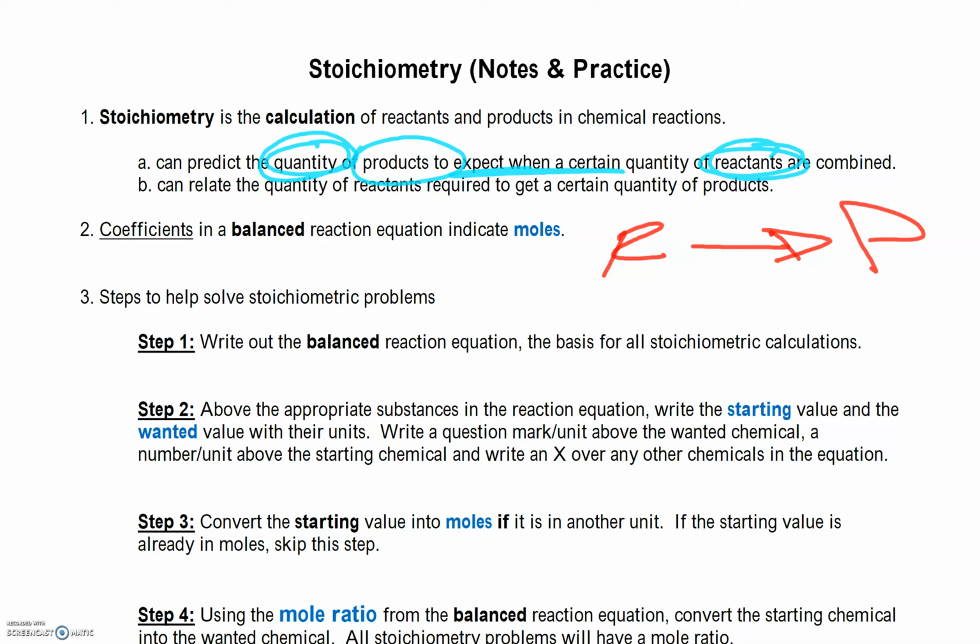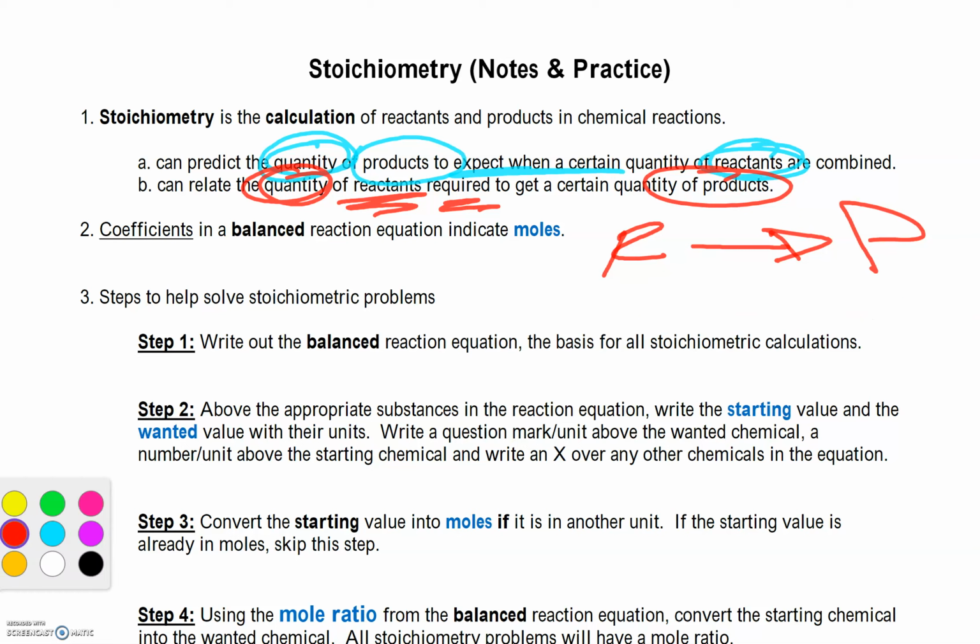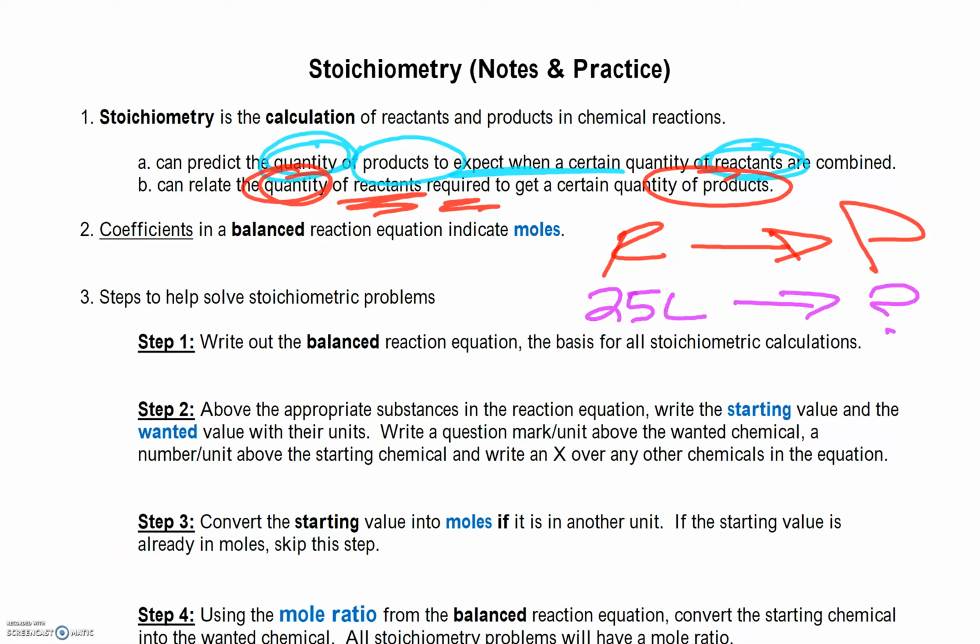And look at B, relate the quantity of reactants required to get a certain amount of product. So for example, if you want like 15 grams of product, how many grams of reactant do you need? Or if you look at it differently, maybe you think to yourself, okay, I've got 25 liters of reactants, how many products will that make? And so that's what we'll be doing. We'll just be kind of figuring out amounts.